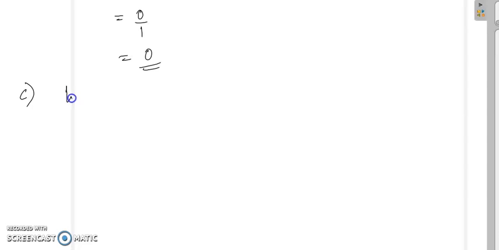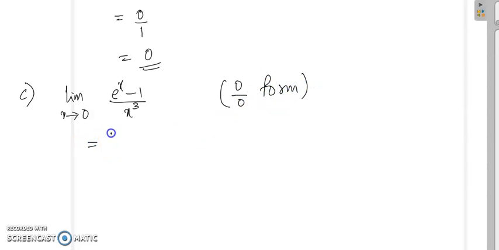And the next one is limit x tends to 0, e raised to x minus 1 by x cube. You can see that in the numerator e raised to 0 is 1, minus 1, that is 0, so it is 0 by 0 form. So by L'Hospital rule, that will be limit x tends to 0, e raised to x, the derivative of 1 is 0, by 3 x square.